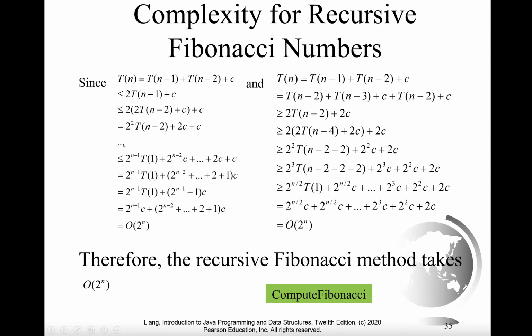Now, if you derive this, you're going to see it is order of 2^n. Therefore, the recursive Fibonacci method takes order of 2^n time. It is very inefficient.